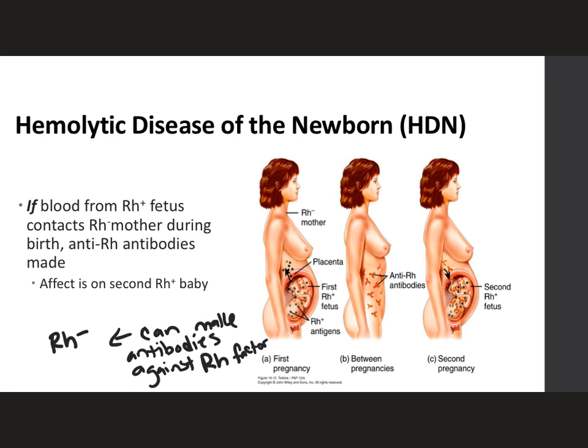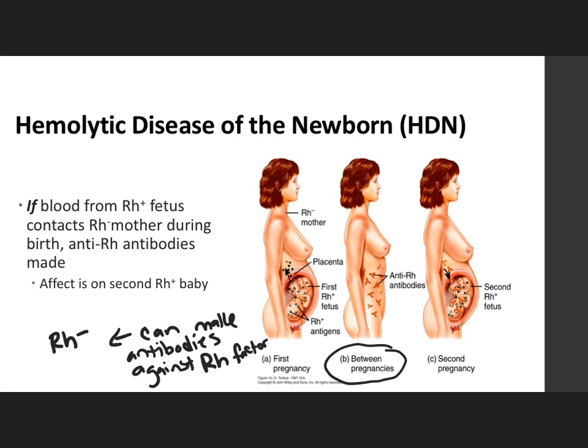It will only happen if it's an Rh negative mother and she's pregnant with an Rh positive fetus. Since she doesn't naturally have those antibodies, then the first time she's pregnant, when the baby's born or any kind of blood transfer were to happen, if the mother were to have any contact with those Rh antigens, she would make antibodies against it, okay?